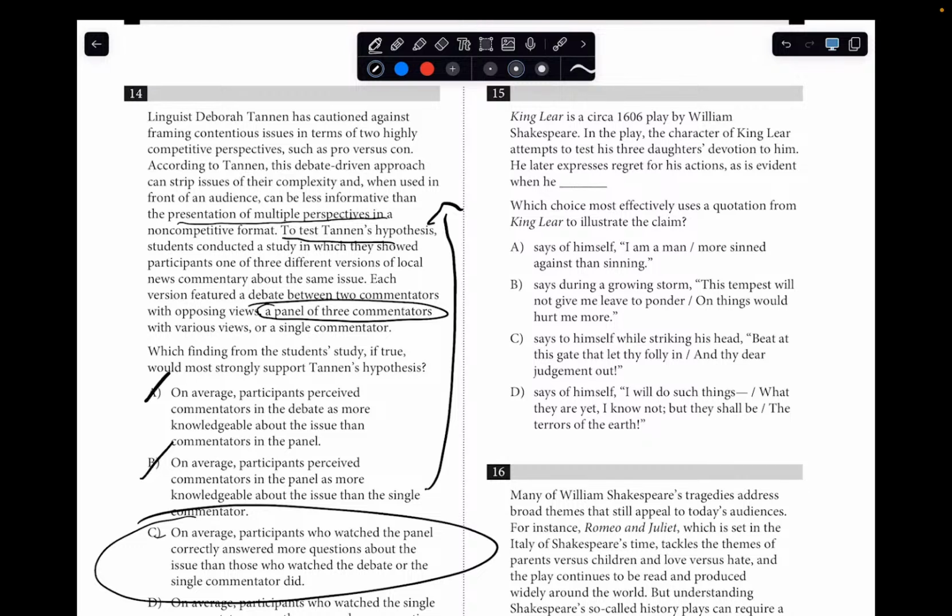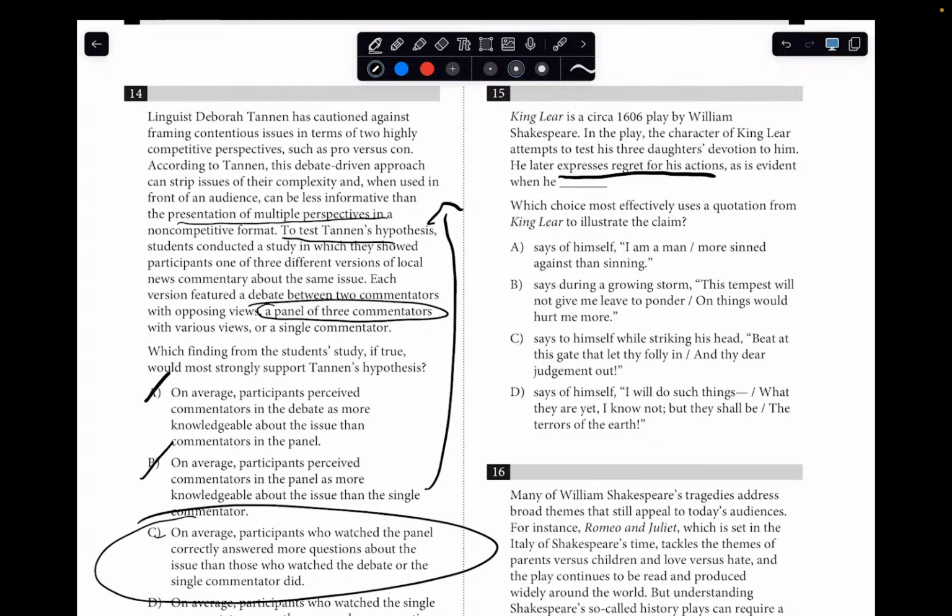So go ahead and take a moment to read those. So he's expressing regret. So we're looking for an option here in which he is most clearly expressing regret.